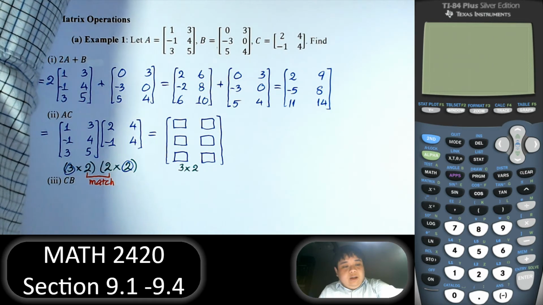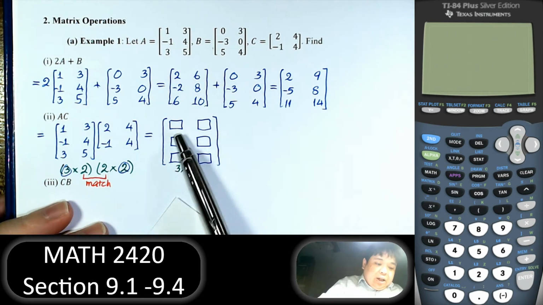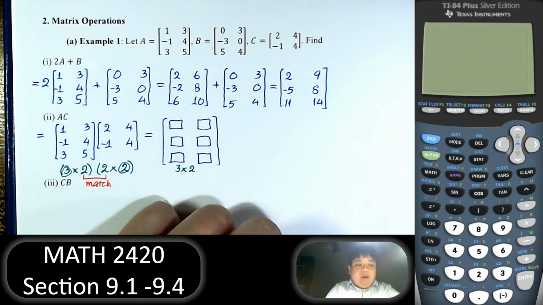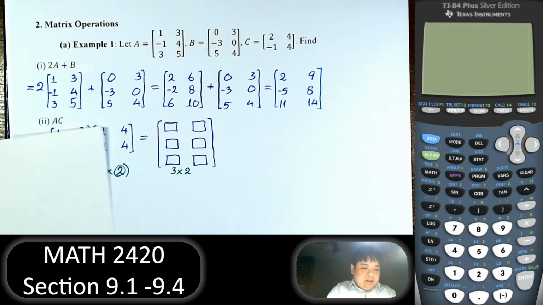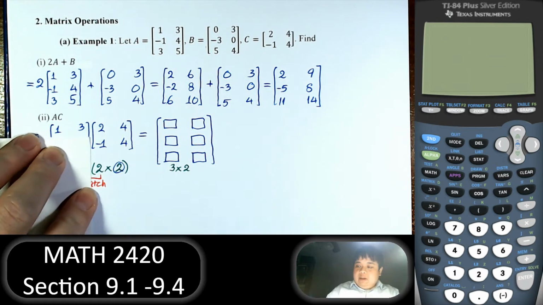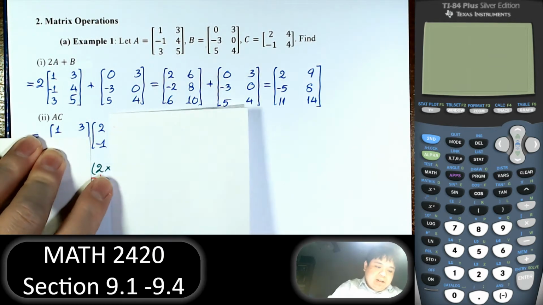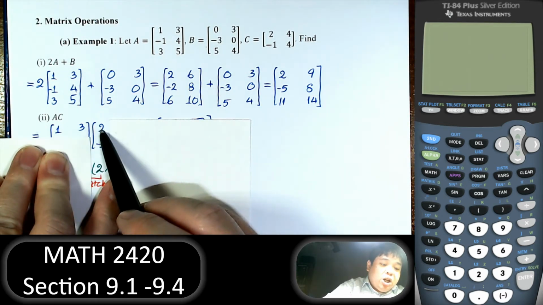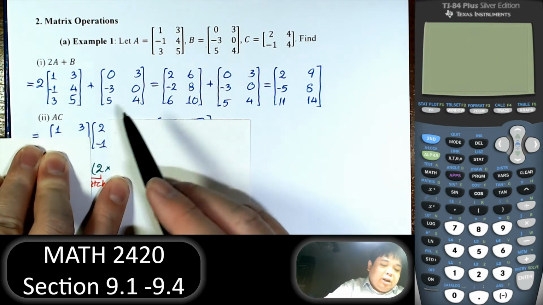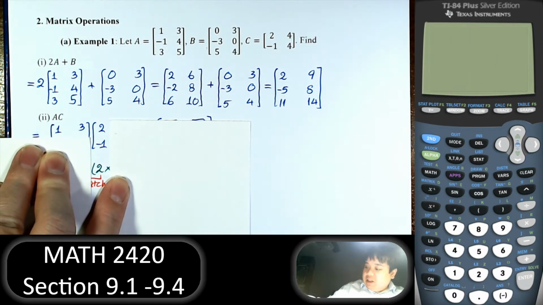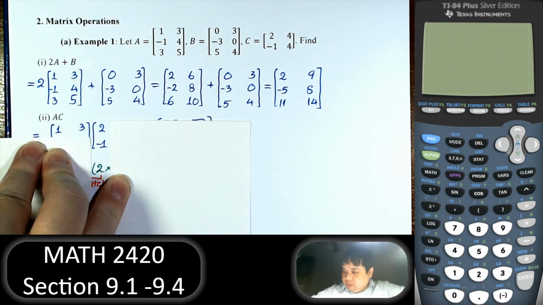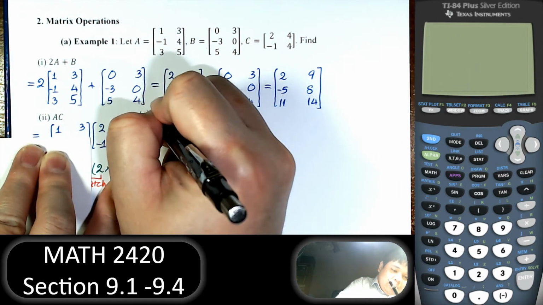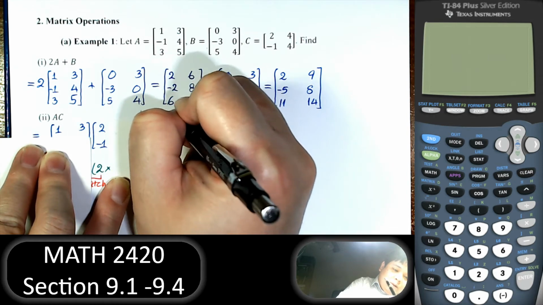This entry is on the first row, first column. So the rows come from the first matrix, the columns come from the second matrix. So 1 times 2 plus 3 times negative 1. So we have 1 times 3 plus 2 times minus 1.